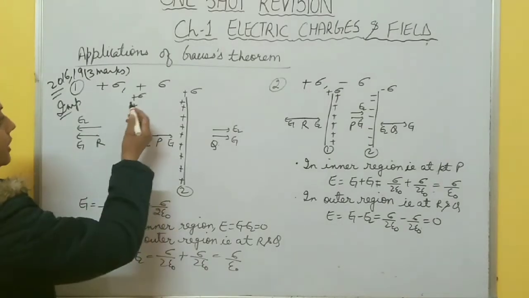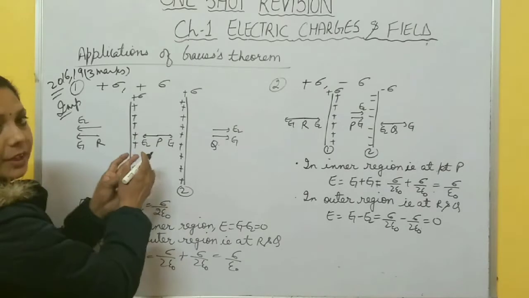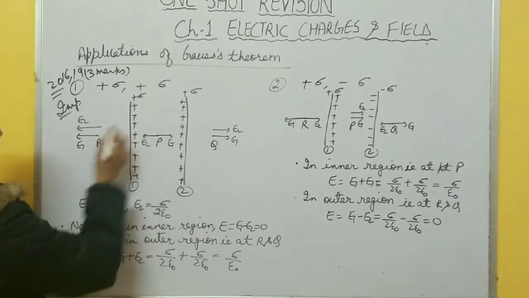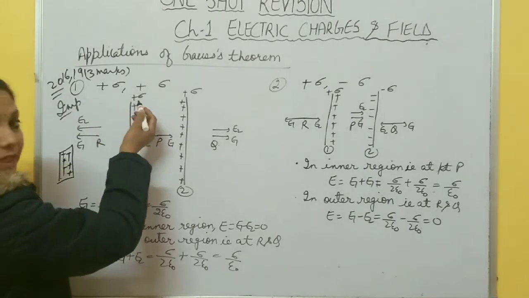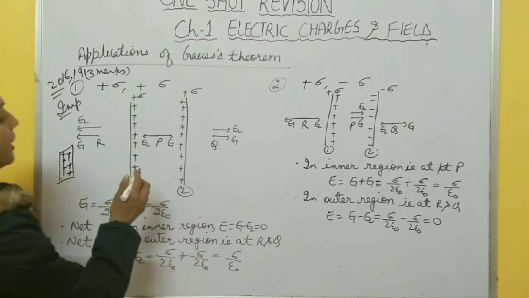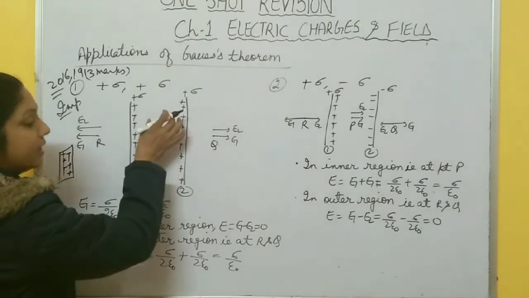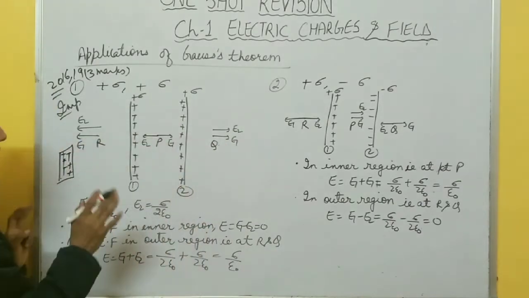Suppose there are 2 uniformly charged plane sheets. This is not a straight wire, it is a plane sheet of charge. I just draw like this one, straight. One plate having density plus sigma and another plate having density plus sigma. Now you have to calculate total electric field in between these 2 plates, and outside the plates, both sides, right?